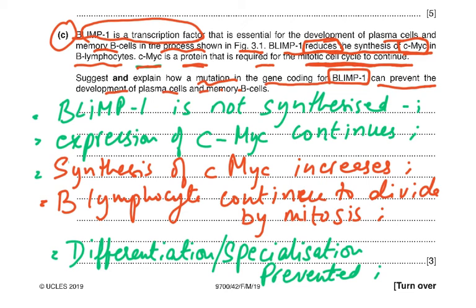Synthesis of C-MyC is increased because BLIMP1 used to reduce the synthesis of C-MyC. This is what we need to read in the question. BLIMP1 reduces the synthesis of C-MyC. So BLIMP1 is not synthesized. Expression of C-MyC continues. Synthesis of C-MyC increases. B lymphocytes continue to divide by mitosis, and then differentiation and specialization is prevented.